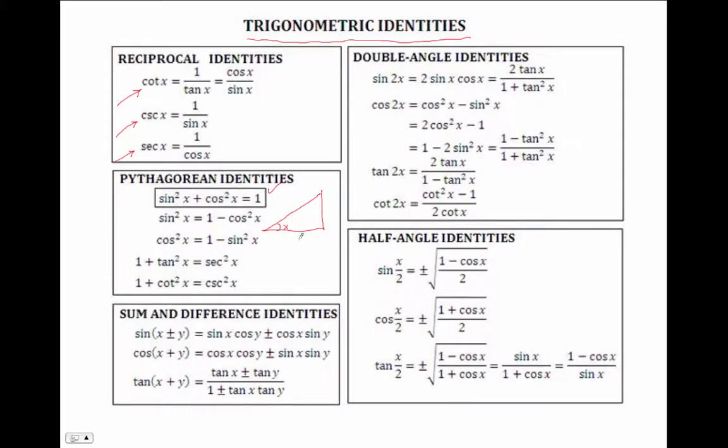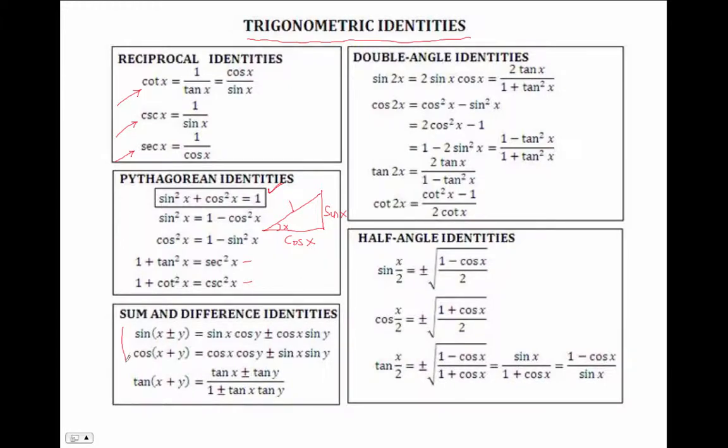And so if this angle is x and the hypotenuse is 1, then by definition this side is sine x, this side is cosine x, and so sine squared x plus cos squared x is equal to 1. This identity here and this identity here are derived by simply dividing this main identity by either sine squared x or by cos squared x.